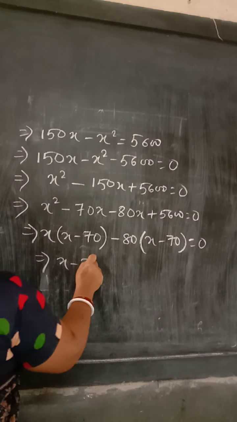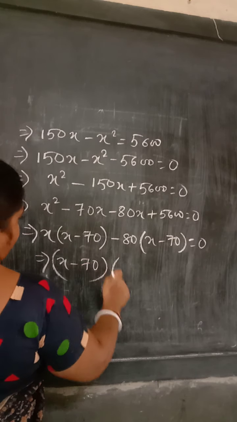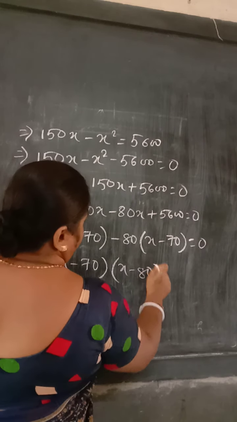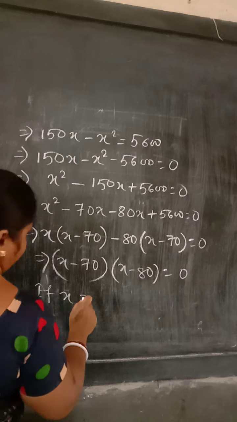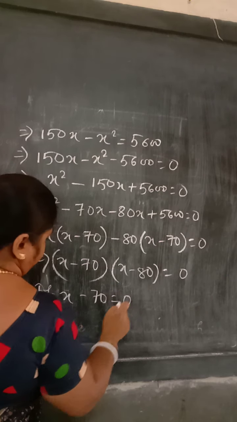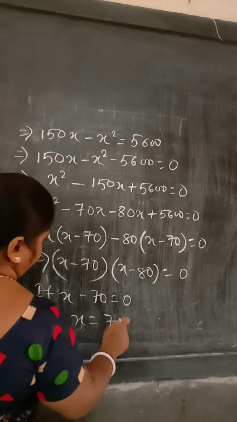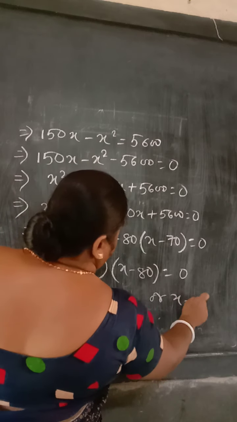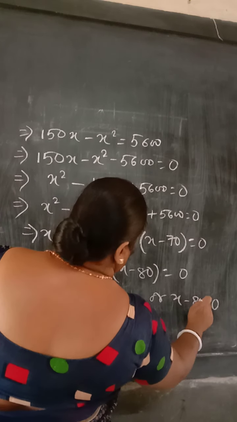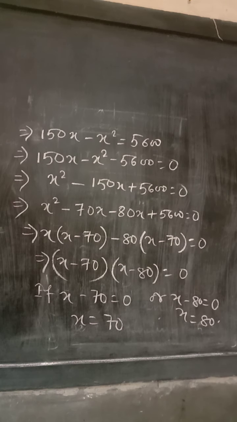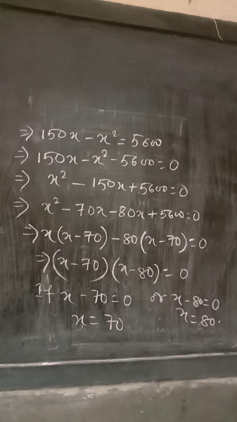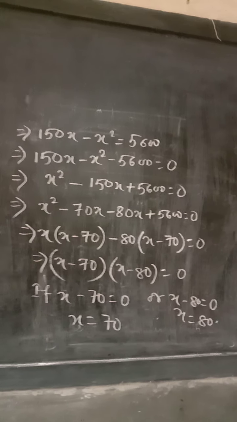Or x minus 70 into x minus 80 is 0. If x minus 70 is 0, x is 70, or x minus 80 is 0, so x is 80. Now you will say, ma'am, both are correct. Yes, because if the length would be 70, breadth is 80, and if the length is 80, breadth is 70.